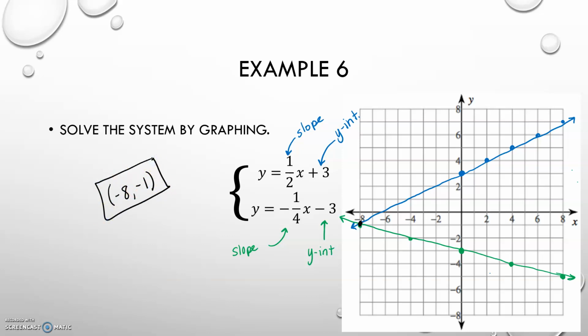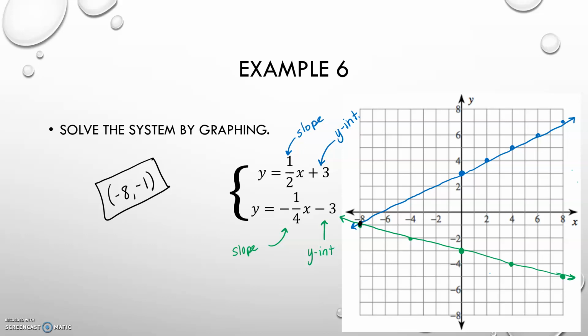So graphing is a really great way to start talking about systems of equations because we can visualize what's happening. We see that a solution is where they cross, but graphing is the least reliable way to solve a system of equations because it relies on us being 100% accurate in our drawing, and so it's just not the most reliable.